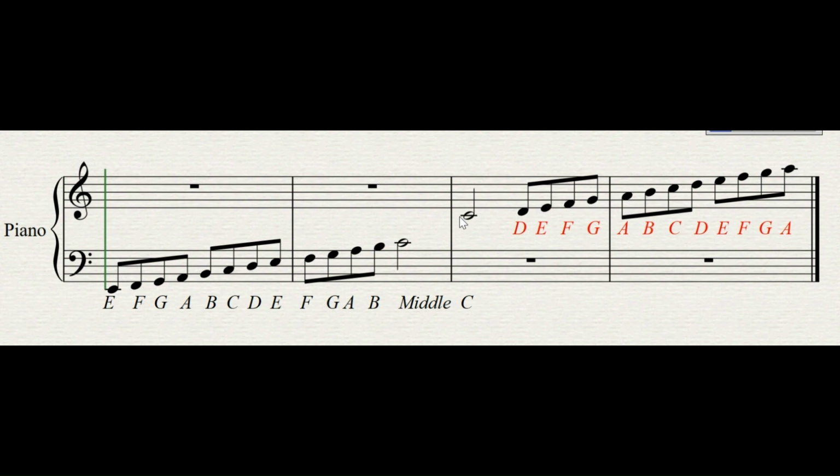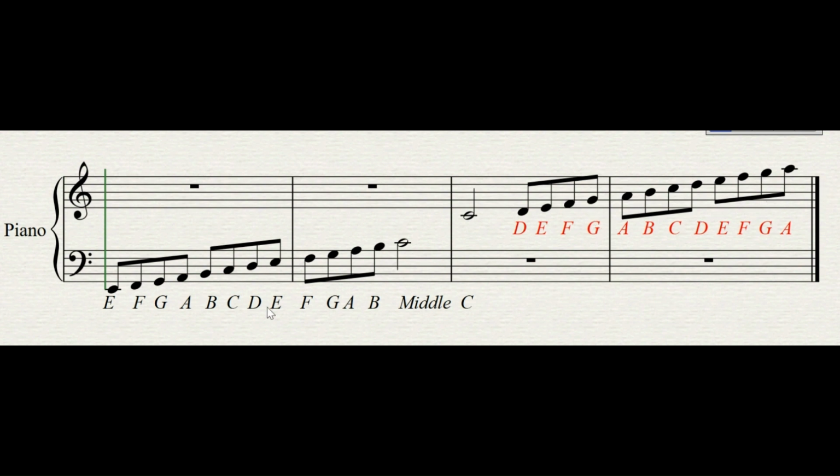So off the bat, you can see that the bass clef and the treble clef are just merely extensions of each other. F, G, A, B, C, D, E, F, G, A, B, etc. So the notes on the bass clef just continue consecutively into the treble clef.